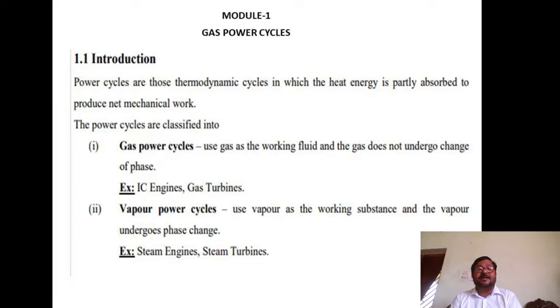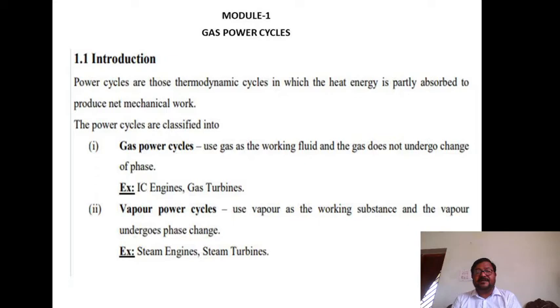In the vapor power cycles, we use vapor as a working substance and the vapor undergoes a phase change. Means if you consider the vapor power cycle, examples are steam engines and steam turbines. In the steam turbine or the steam power plant, first water is taken from a water treatment plant, and then it is fed to the boiler.